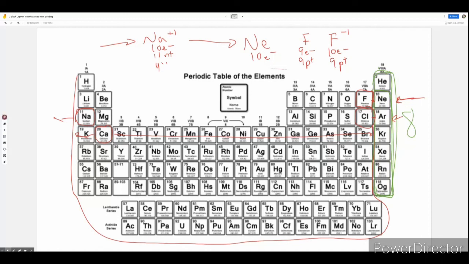So looking back at what we did with the periodic table, elements in group 1 have 1 valence electron, and they tend to form +1 ions. Group 2 has 2 valence electrons, and they form +2 ions. Over here, group 13 forms +3 ions because they have 3 valence electrons.